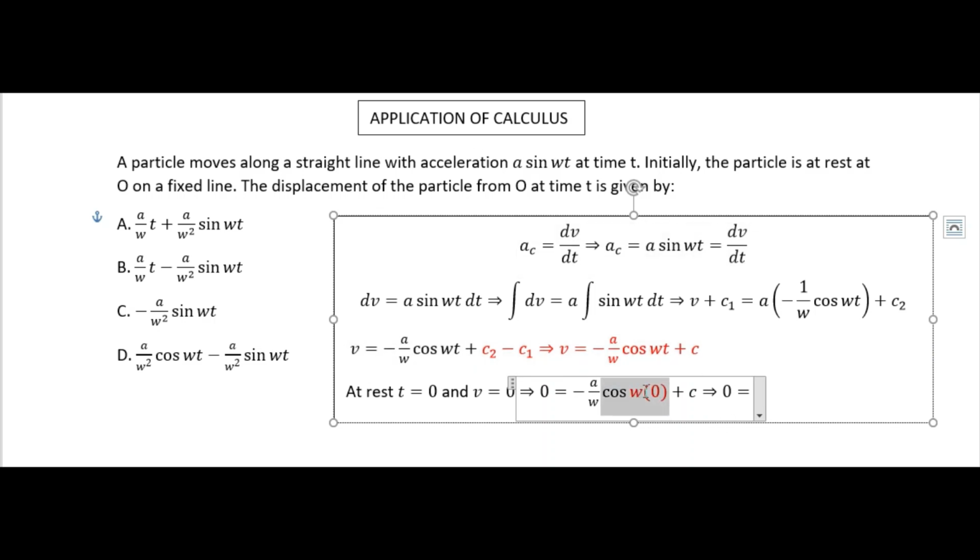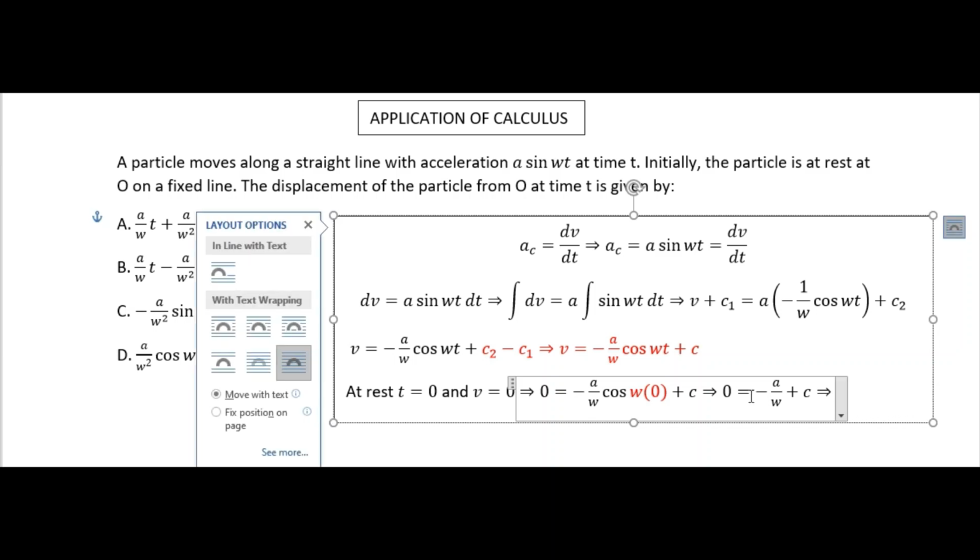Times negative a over omega just gives us negative a divided by omega, plus our c. So c will just give us positive a divided by omega. That means c is equal to a divided by omega.